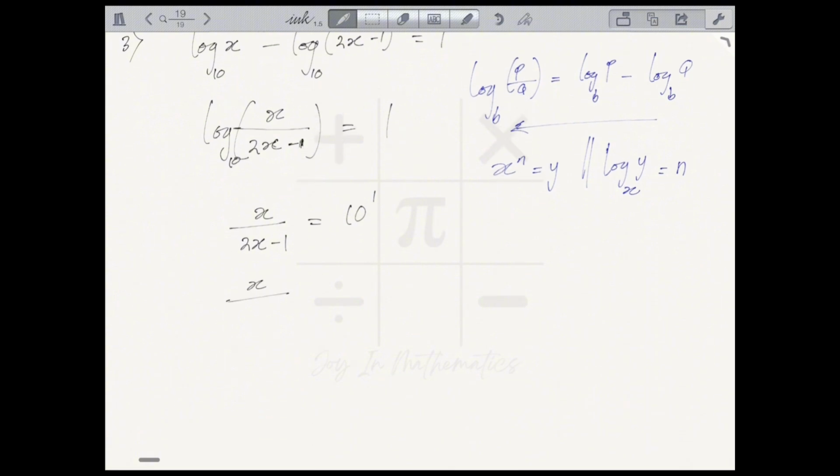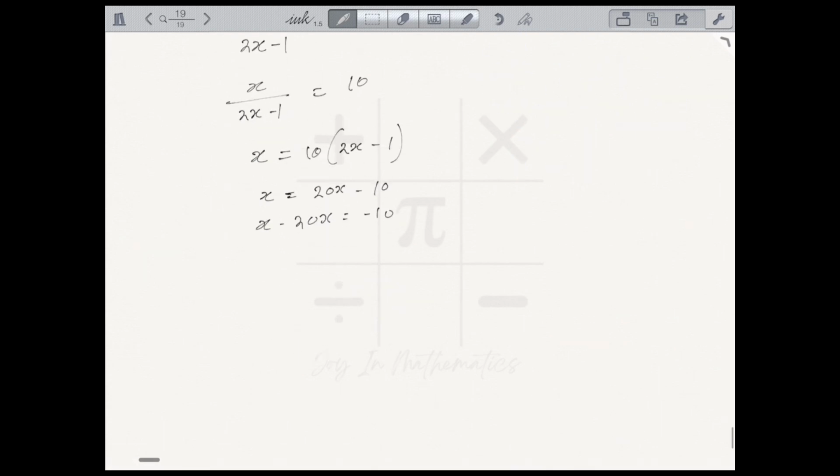Therefore, we have x divided by 2x minus 1 equals 10 raised to the power of 1, which is 10. So in this case, we'll cross multiply. So we have x is equals to 10 multiplied by 2x minus 1. Therefore, x will be equals to 20x minus 10. So we can bring like terms together: x minus 20x is equals to minus 10.